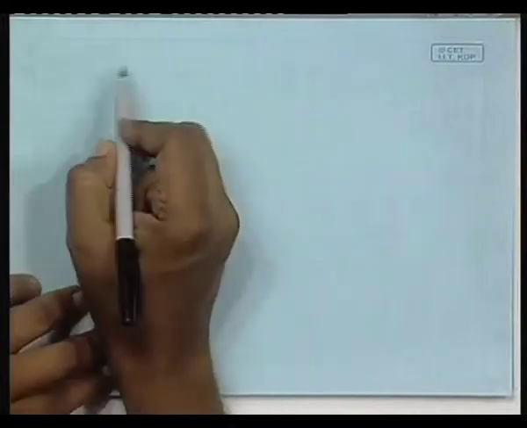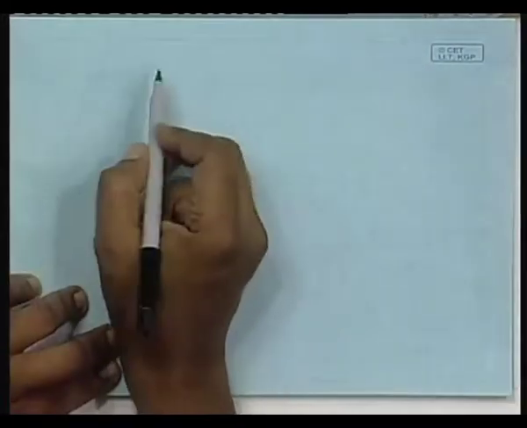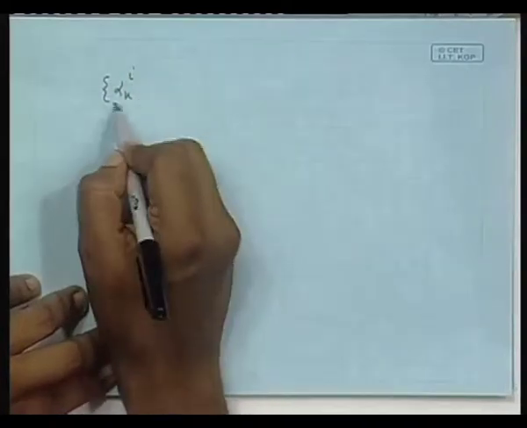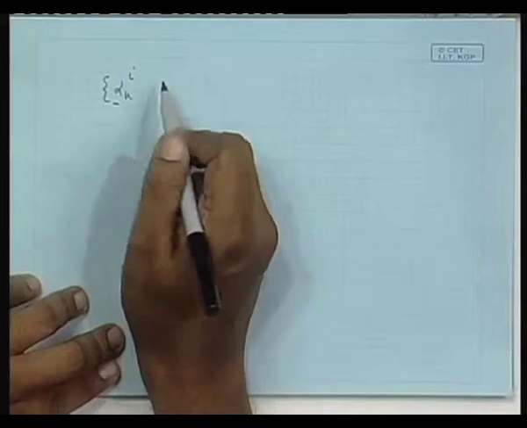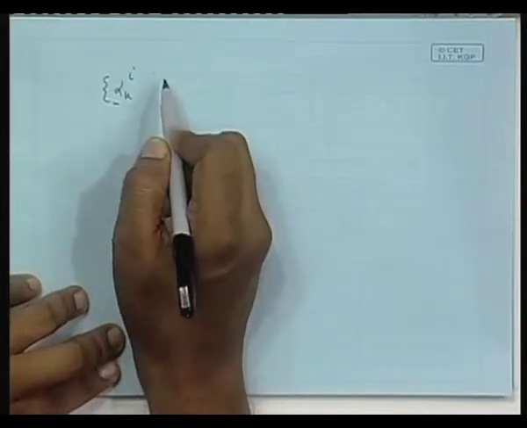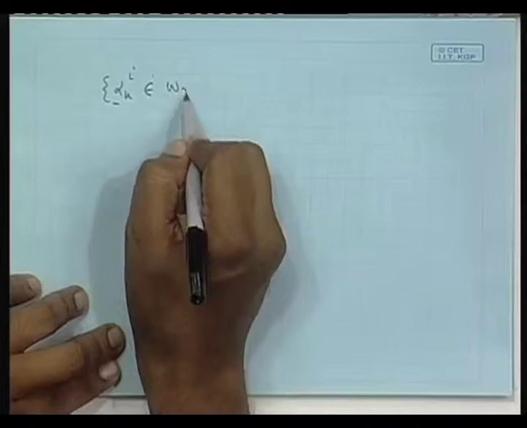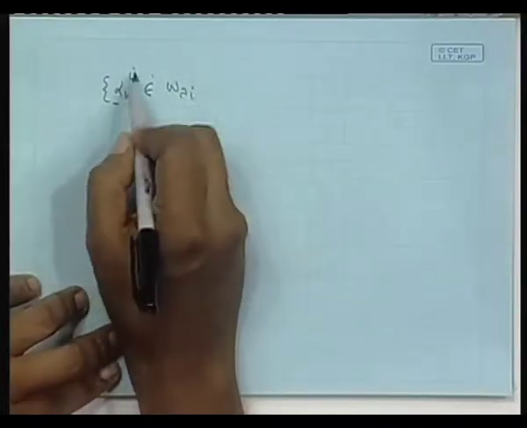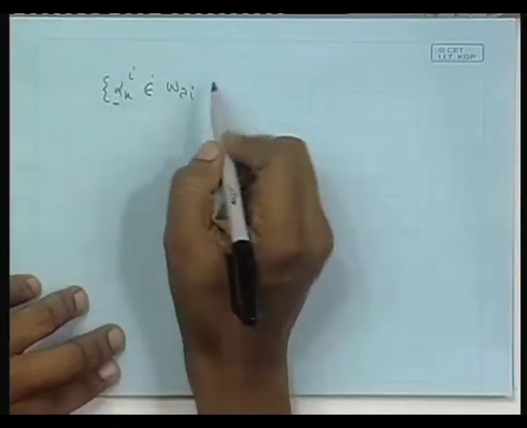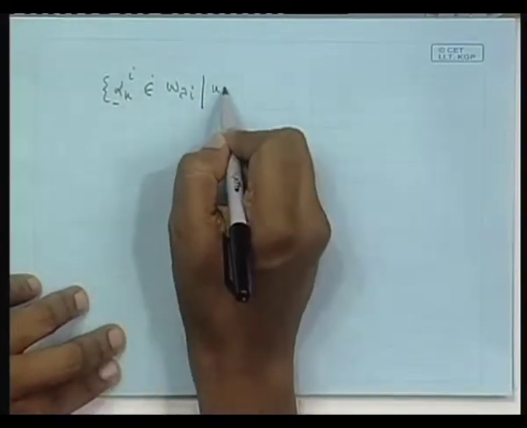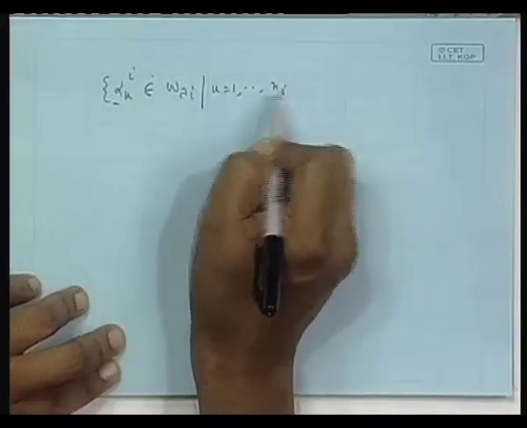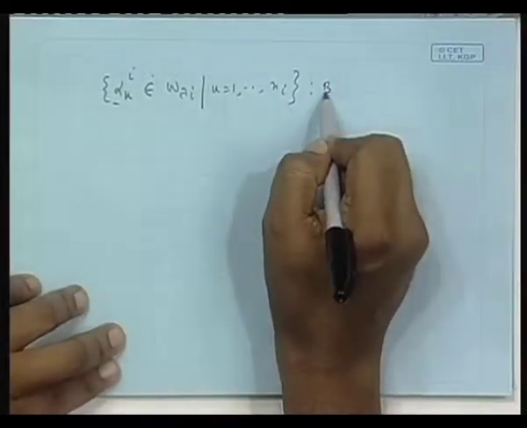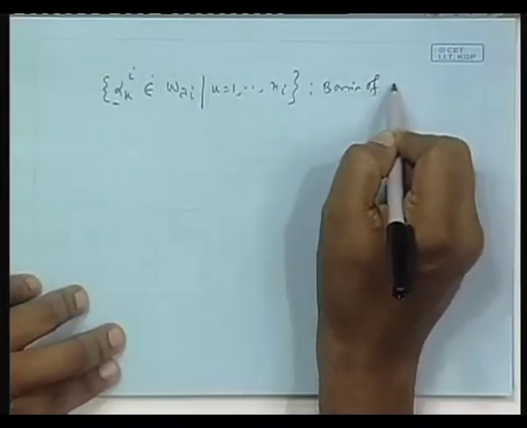Suppose I am considering the ith eigen subspace, that is W lambda i, the eigen subspace corresponding to lambda i. If I pick up vectors from here, alpha i k, where k will be from 1 to ni, ni being the dimension of W lambda i, and if this is a basis of W lambda i.